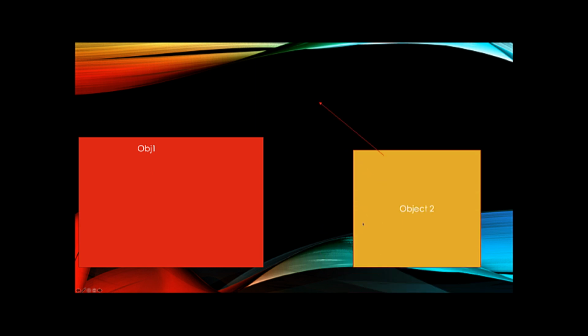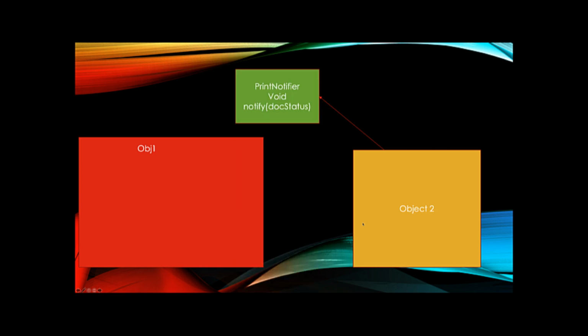Here is object 1, the usual object 1, and here is object 2. What we do is we first create a protocol, and object 2 is a publisher of that protocol. Basically, a protocol is nothing but a contract, also known as an interface, which says this interface will just have one method called notify, and somebody will subscribe to this and implement the notify method.